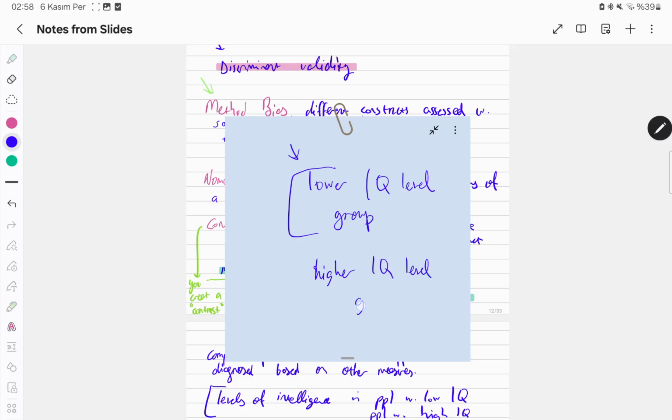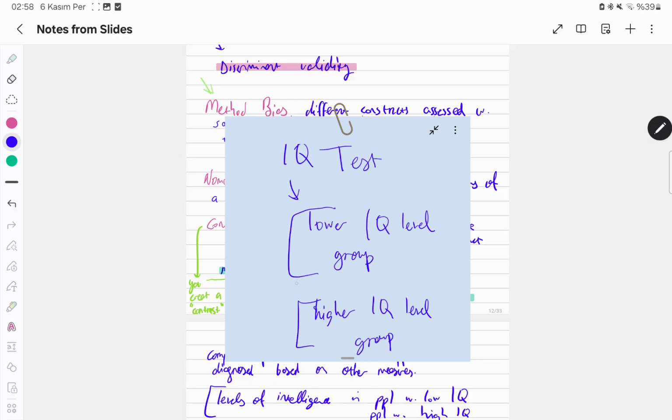If we have successfully made a good IQ test, then we should be able to differentiate between these two groups in the study. So that would mean that we made a test with good contrast validity.